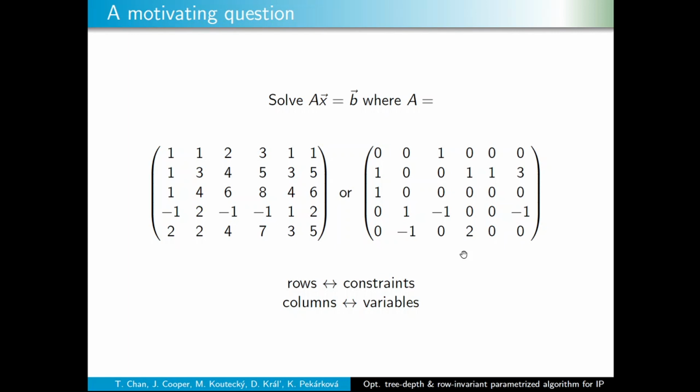We'll talk a bit more about this in the next slide. I also want to remark that this simplicity regarding the position and the amount of zeros in the matrix can actually be quantified by a graph theoretic notion called tree depth. And again, we're going to be talking about tree depth in the upcoming slides.